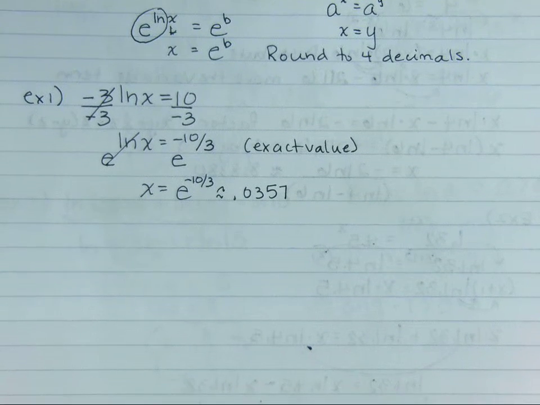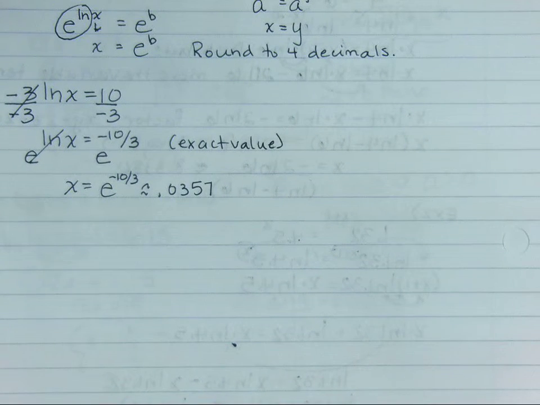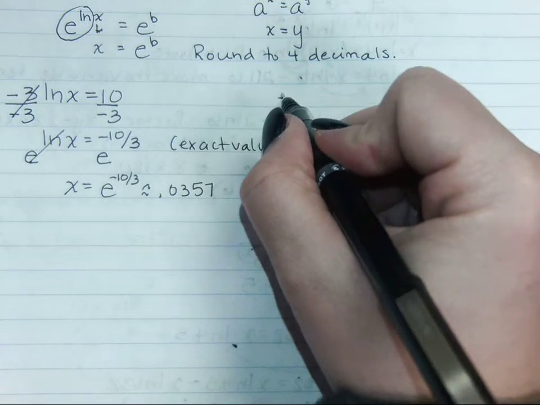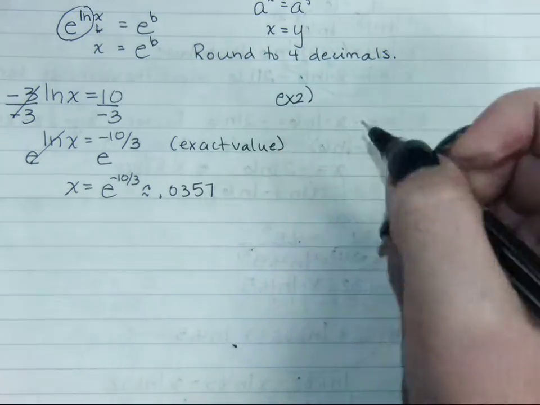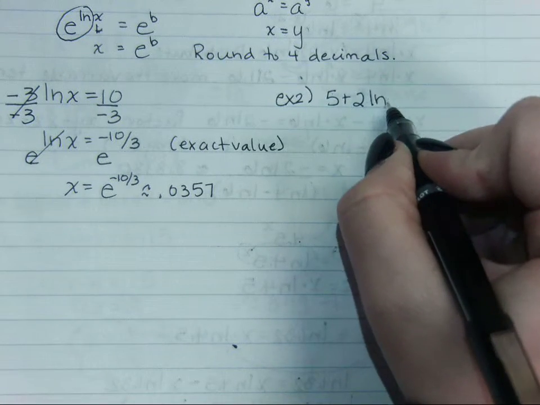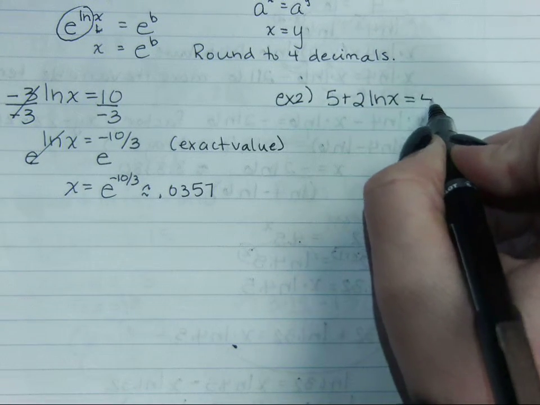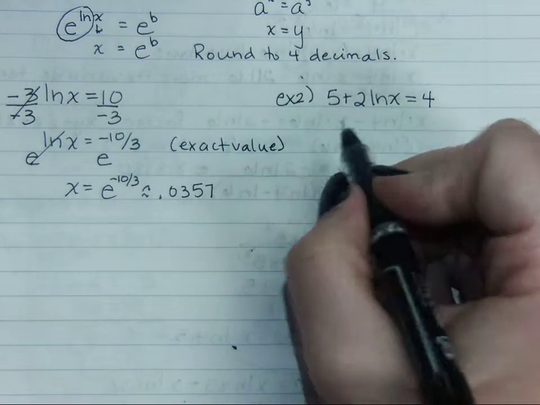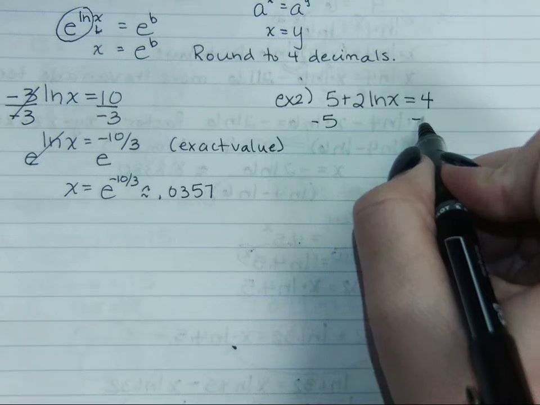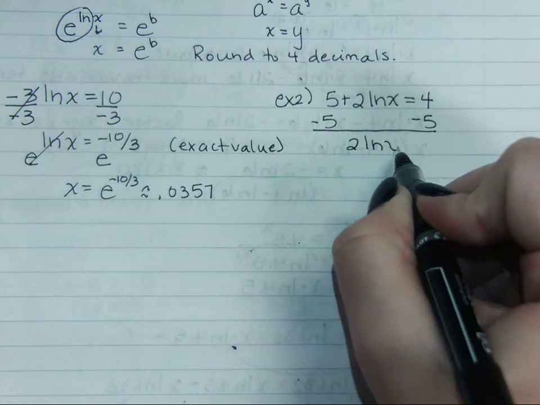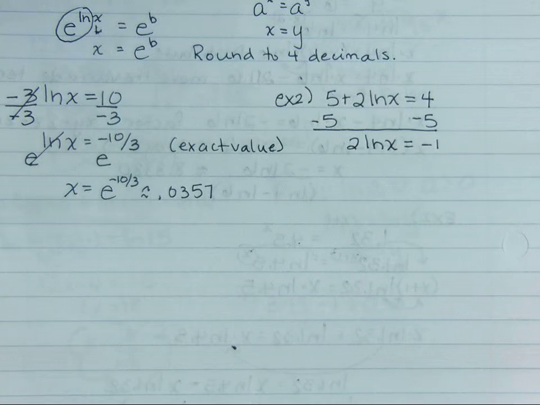We're going to do another one just to get this under our belt before we change speeds. Example 2 is 5 plus 2 times the ln of x equals 4. Now I need to isolate the ln of x, which means I need to subtract 5 from both sides first, and I get 2 ln of x equals -1.